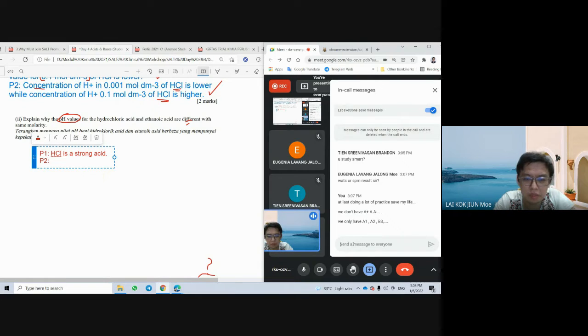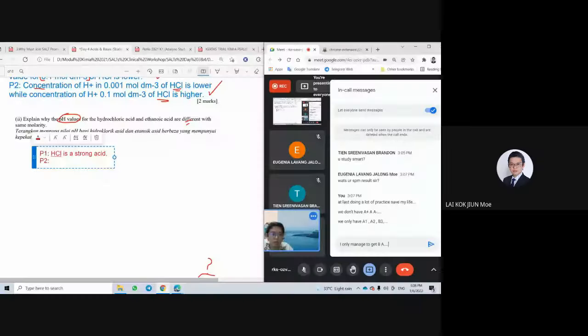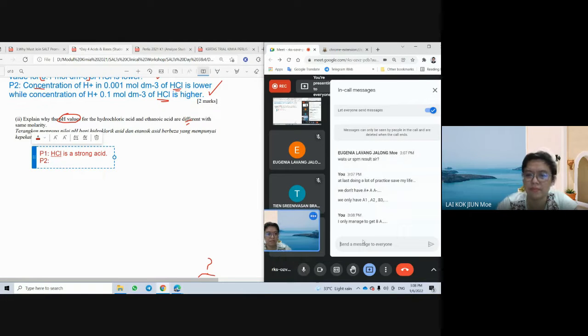My result is not really good because I don't have so many A1. I think I only got 2 or 3 A's. I think only 2 got A1. The others were all A minus, A2. Actually not so good.